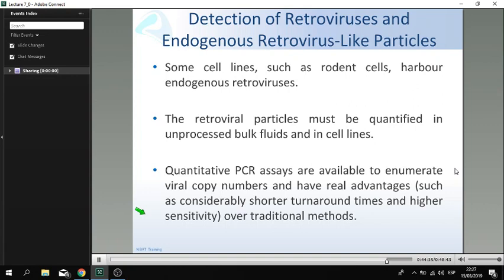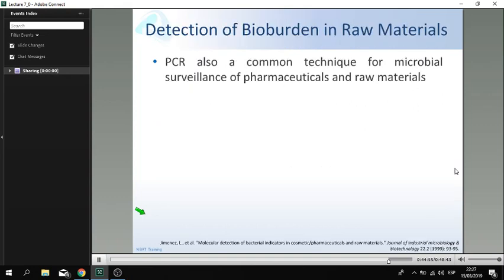So we need to quantify the amount of viral particles in cell lines, and then we want to check whether we remove those particles during purification. Using our purification strategies, we want to make sure that we have low amounts of those viral particles left.